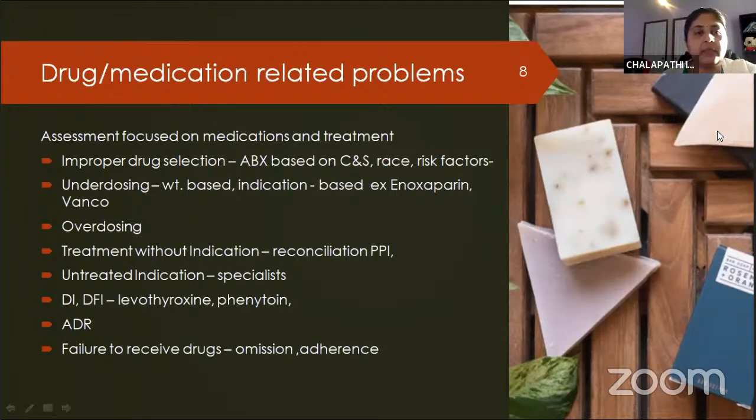Untreated indications come into the picture when there are many specialists, each one coming in, doing their job, taking care of only their own area. For example, if it's cardiology or nephrology, they take care of only their medications, and the other medications might be ignored or not given much importance. So internal medicine plays a very important role in organizing all of this and making sure that the patient is being treated right.